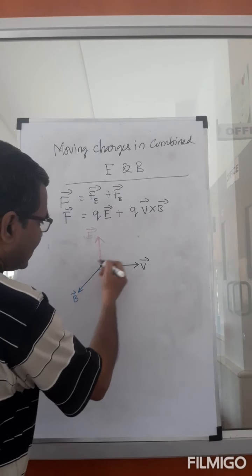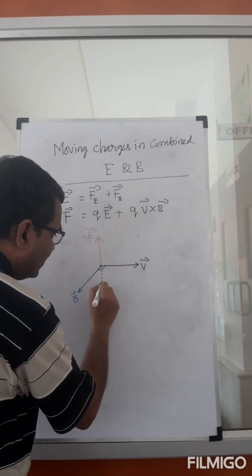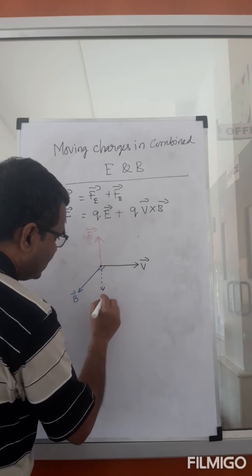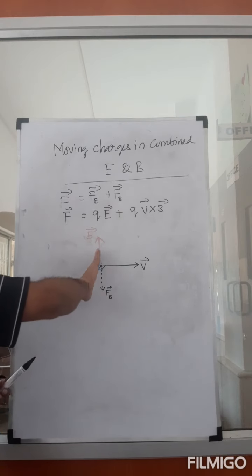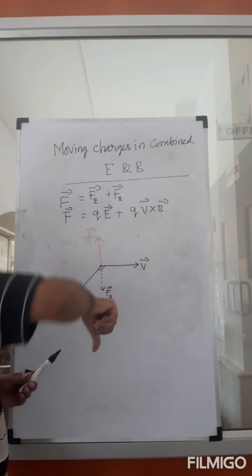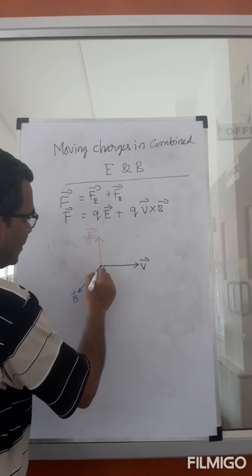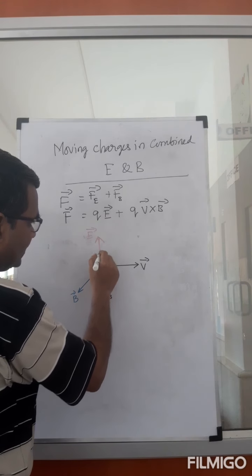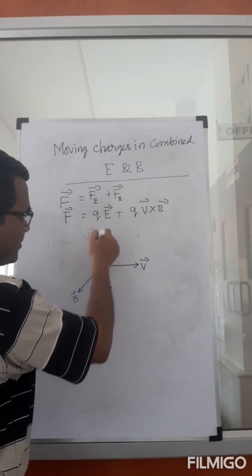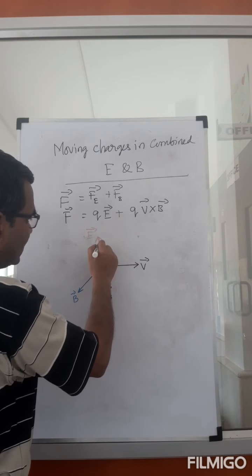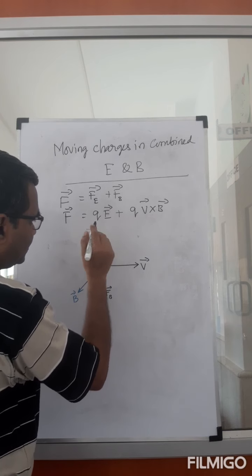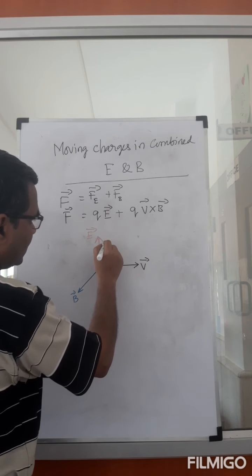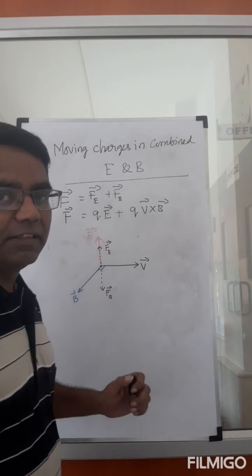Again, because of the magnetic field, this will experience a downward force. V cross B will give me the downward direction. And because this is an electric charge kept in the presence of an electric field, it will experience a force due to the electric field.